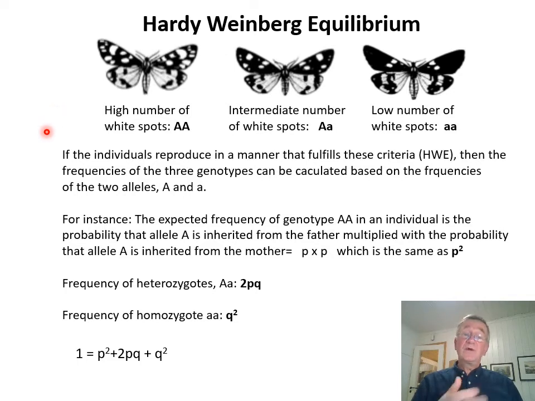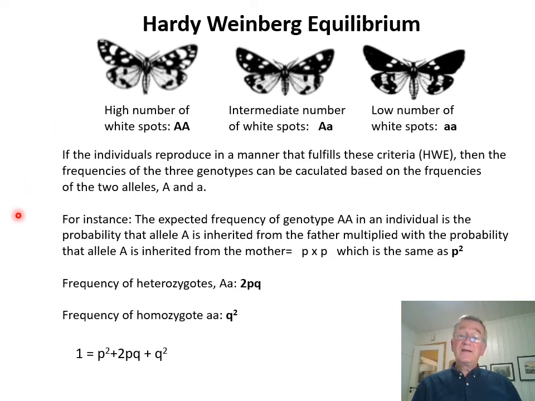So if the individuals reproduce according to the Hardy-Weinberg equilibrium criteria, then the frequency of these three genotypes can be calculated based on the frequency of the two alleles. How we calculate the allele frequency we saw on one of the former slides.